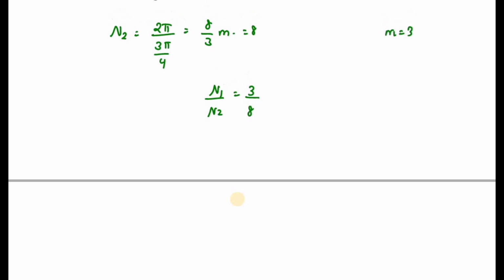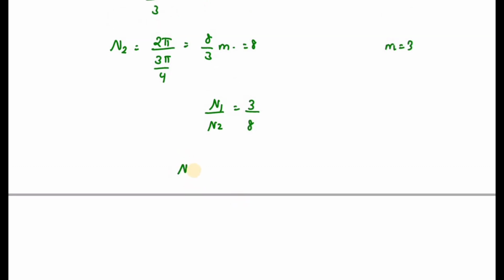The overall N is equal to 8 N1, which is equal to 3 N2. So you substitute 8 into 3, this becomes 3 and this becomes 8, and you will get the answer 24. It is the LCM of 3 and 8, that is 24.